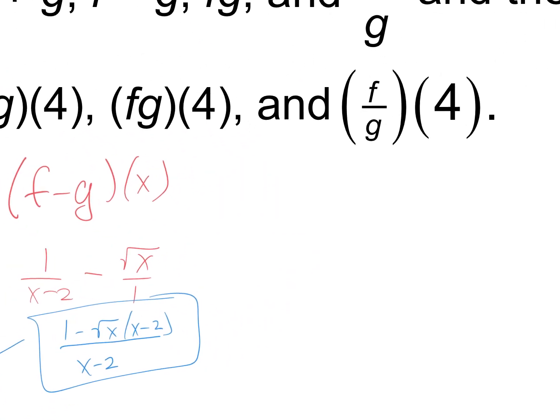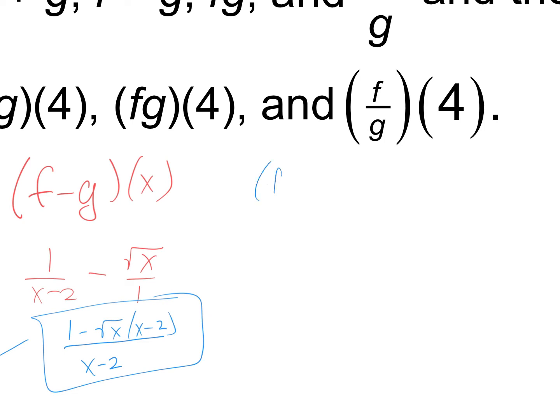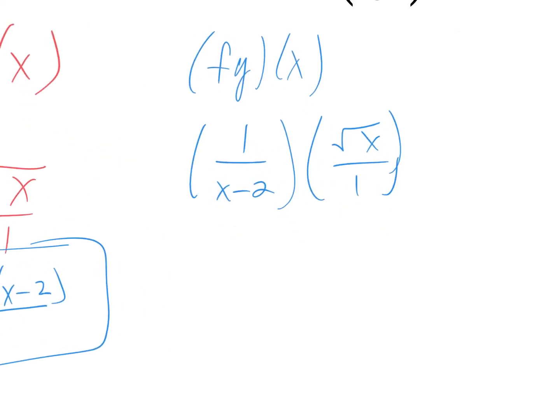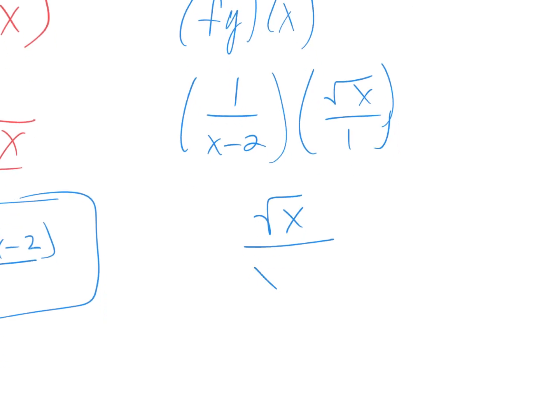All right, so now we're going to do the same thing, but we're going to multiply these two together. So f times g of x. My f function is still 1 over x minus 2. My g function is still the square root of x over 1. How do you multiply fractions? Straight across, so I have square root of x over x minus 2.